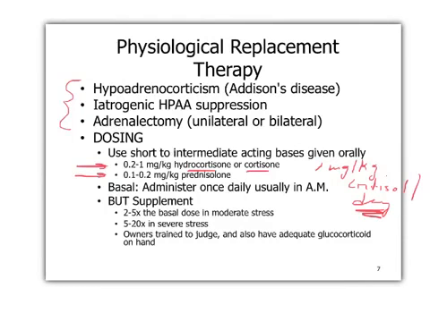If you start to anticipate, and the owners have to do this too, that the animal would become stressed, you may want to supplement that. So moderate stress calls for several-fold to 5-fold, and severe stress, for instance a surgery, may be counterintuitive, but surgery will increase cortisol levels quite a bit for about a week. Anesthesia and surgery will do this.